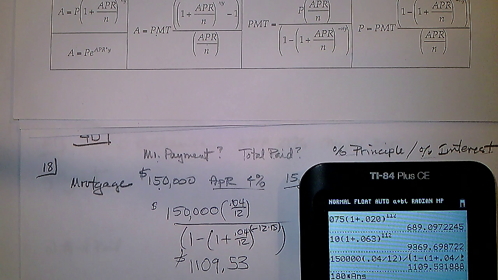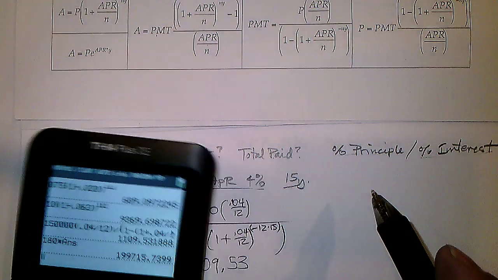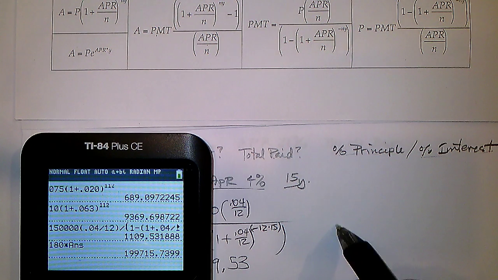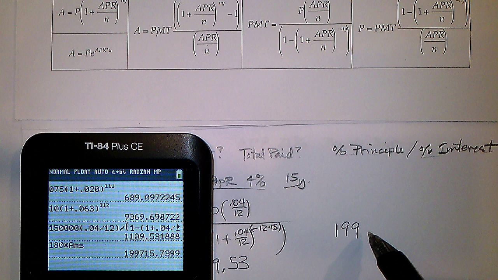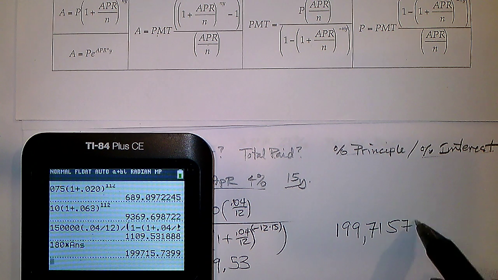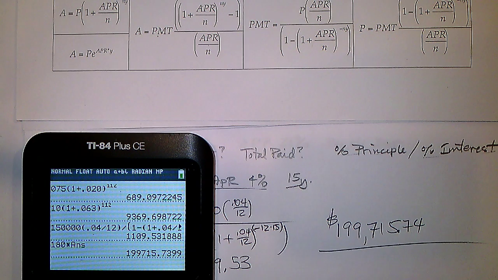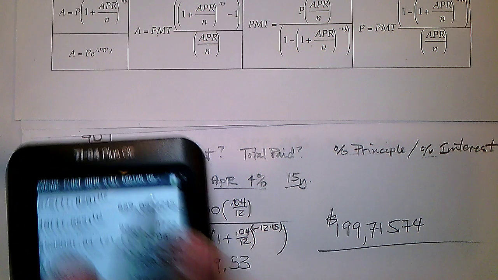And we get, if you round it off you might get a little bit different, but it looks like it paid about $199,715.74. So that's how much the payments would be.